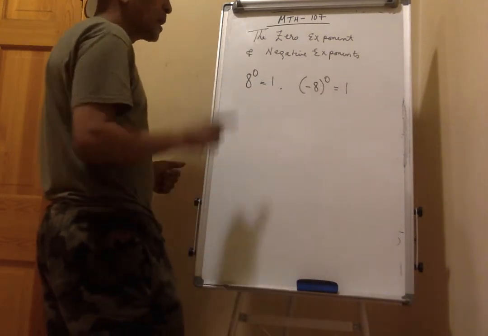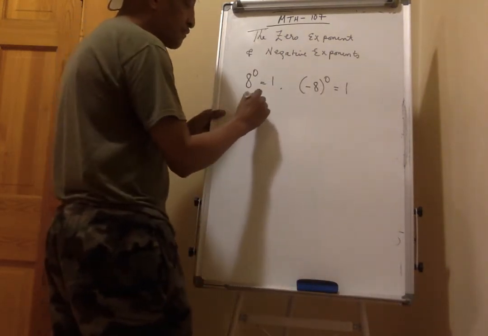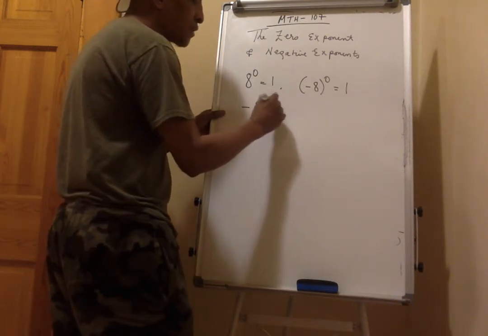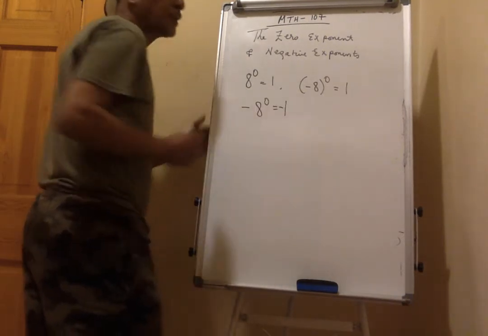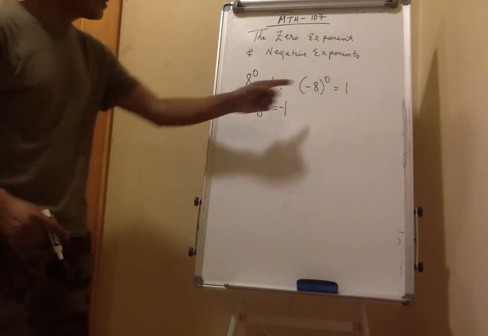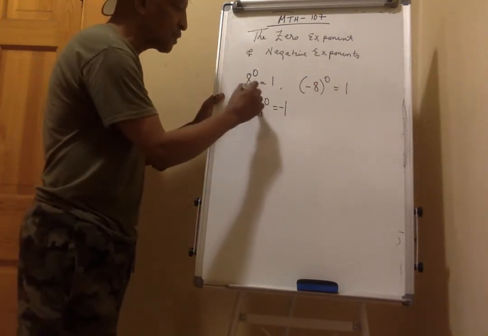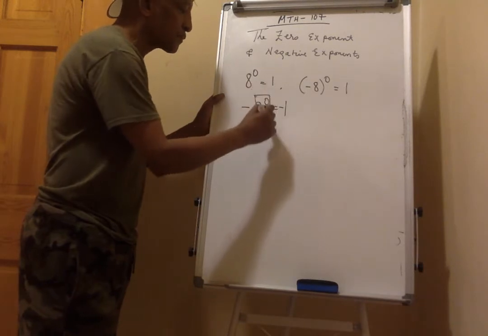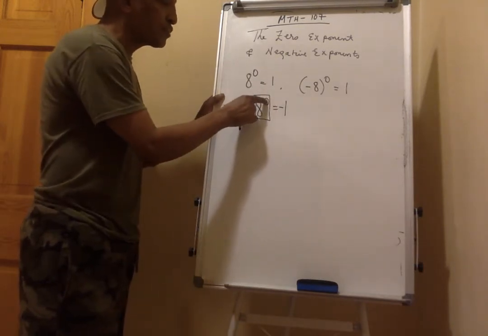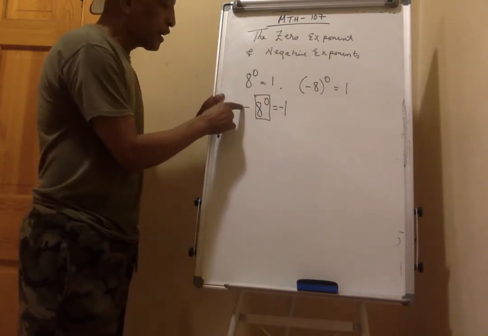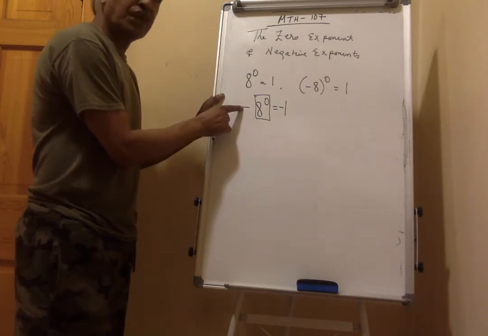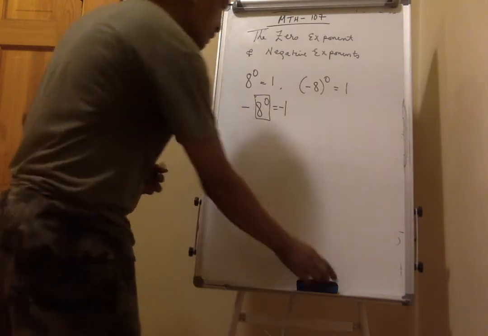Everything is 1. But if you have negative 8 to the power of 0, it is negative 1. So be careful of the difference between these two. In this instance, the 0 belongs only to 8. So you go ahead and raise 8 to the power of 0, which is 1, and then bring the negative sign into it.